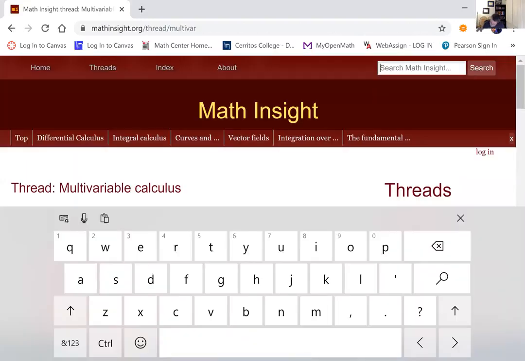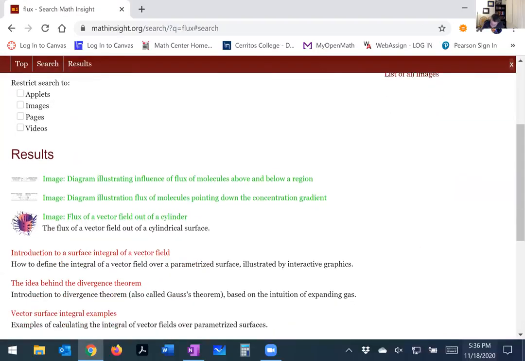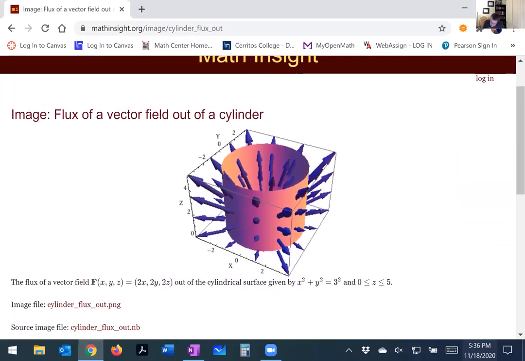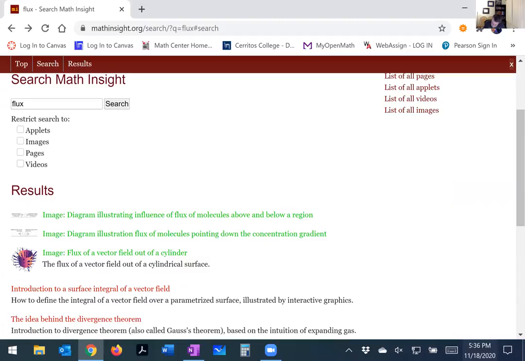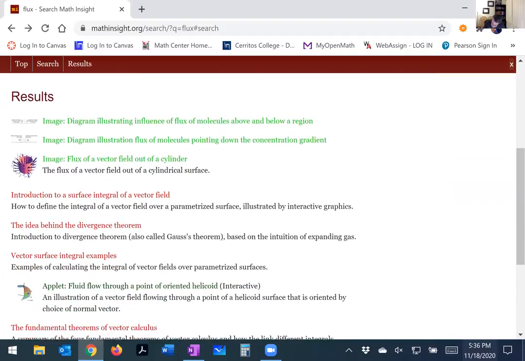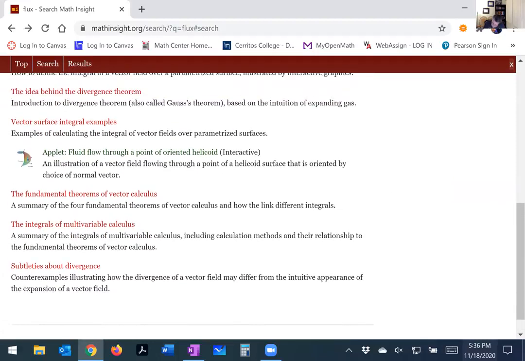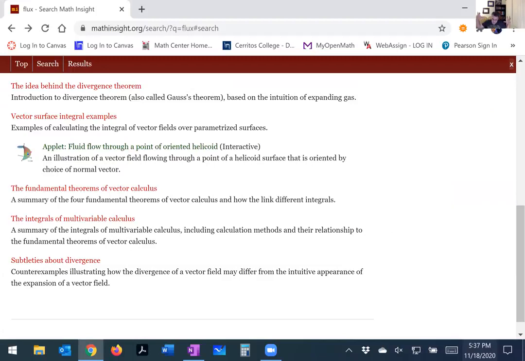Okay, so if we plug in flux here. Okay, so flux. Oh, that's just an image. I don't need the image. Subtleties about divergence. Divergence is expanding and contracting. How fluid expands and contracts, that's divergence. So if it's positive, it's going in and kind of blowing up the ball.